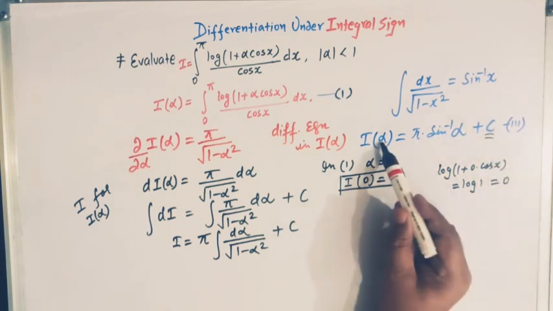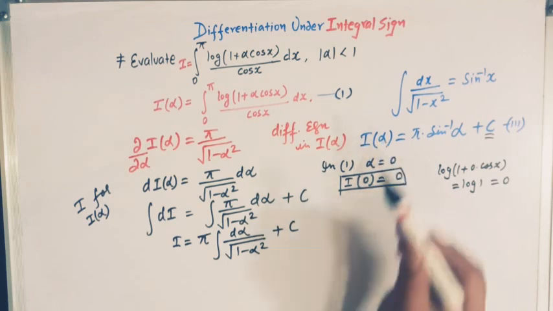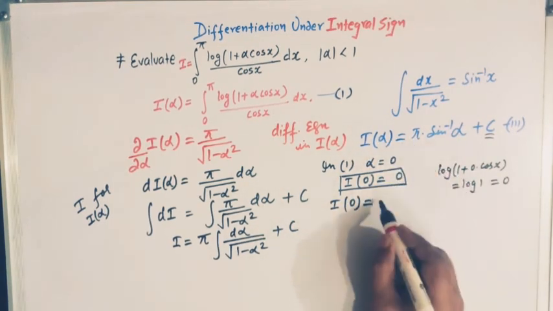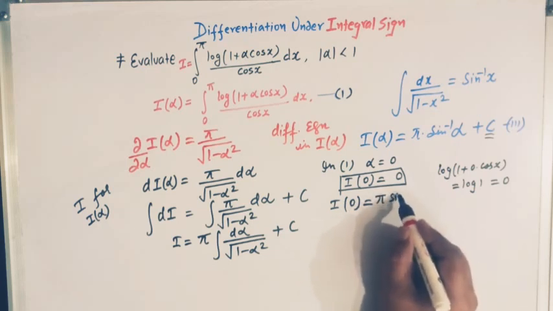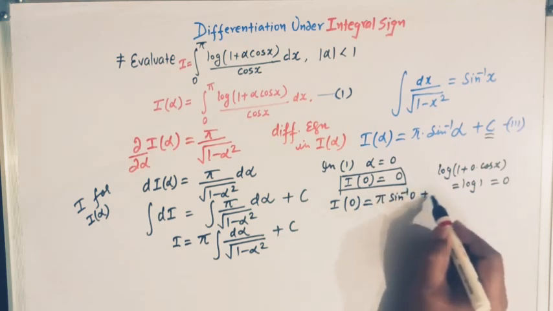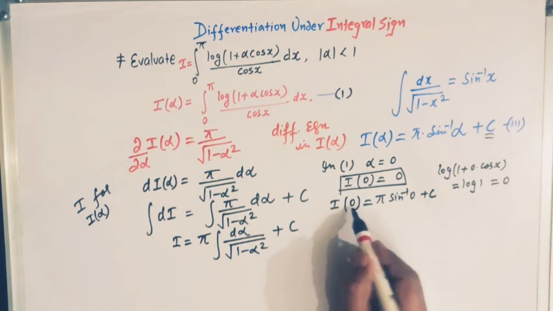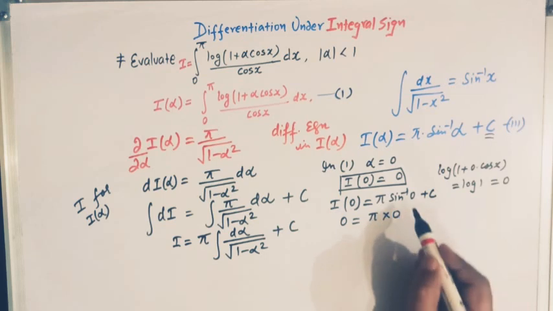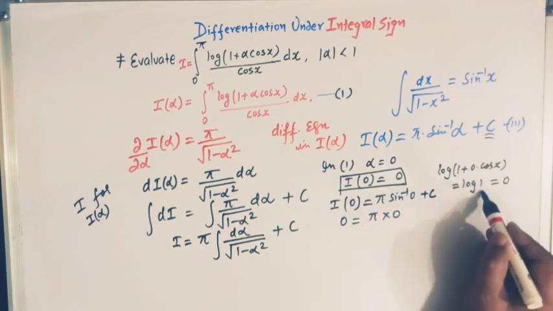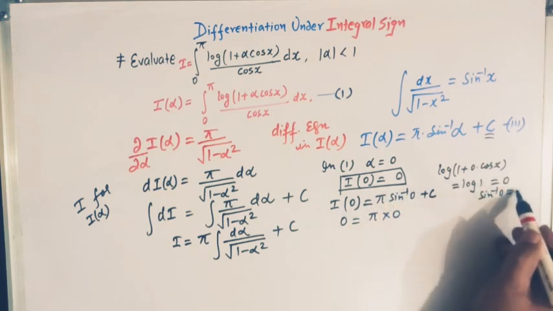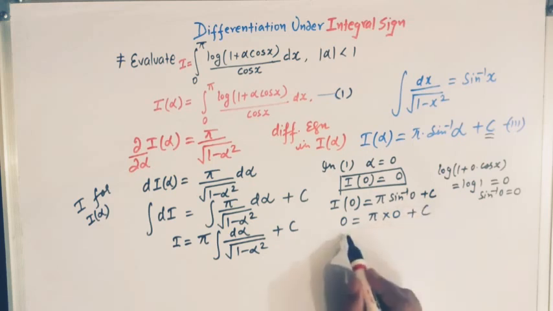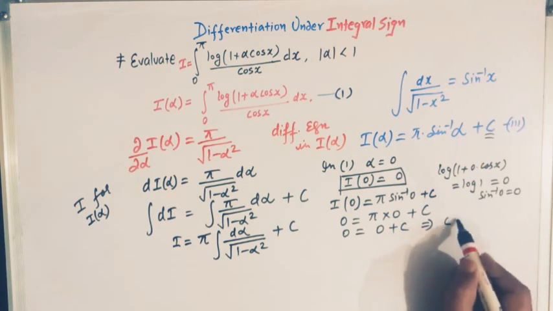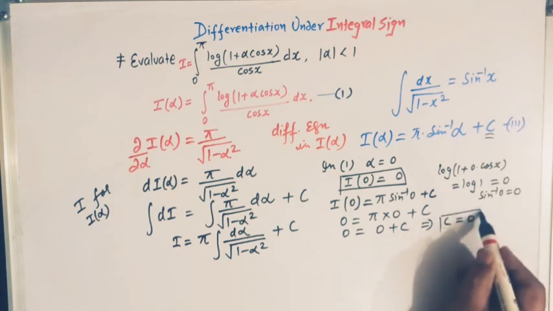So here we will substitute alpha is equal to 0, so we have I of 0 is equal to pi sine inverse 0 plus c, and for I of 0 we have 0 here, and here we have pi times 0, because sine inverse 0 is equal to 0, plus c. So we have 0 is equal to 0 plus c, that is c is equal to 0, right?